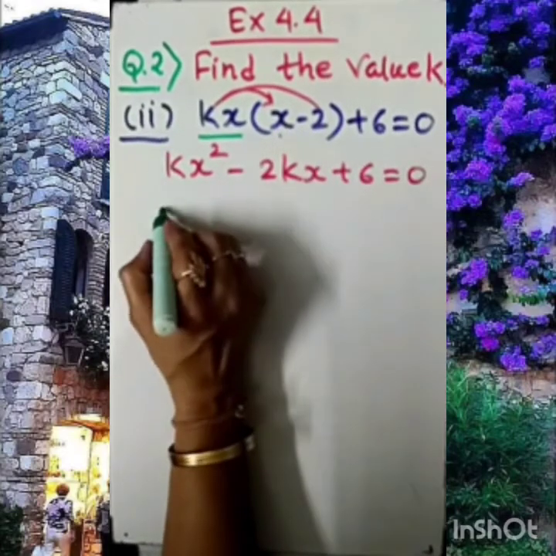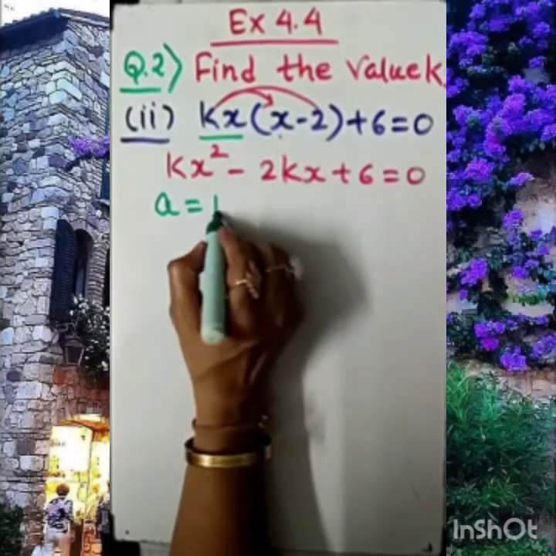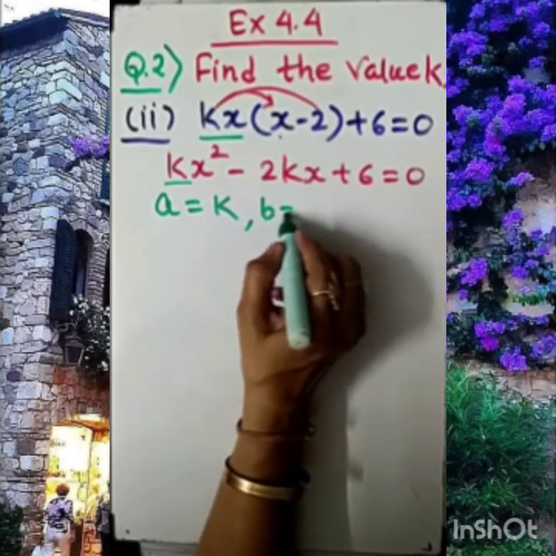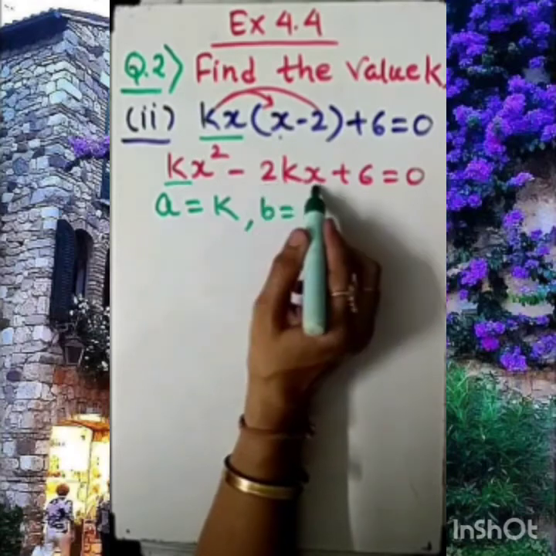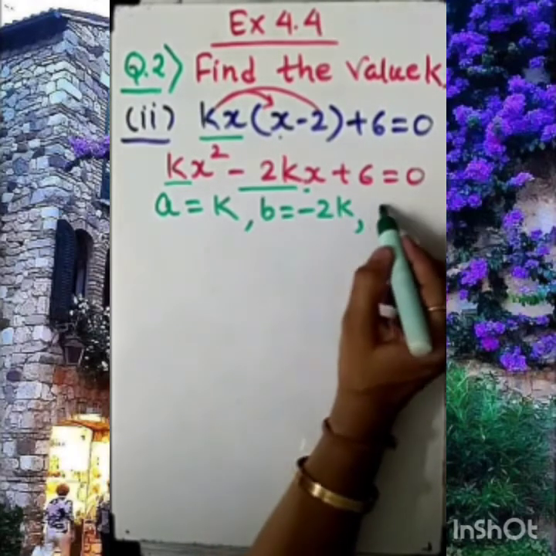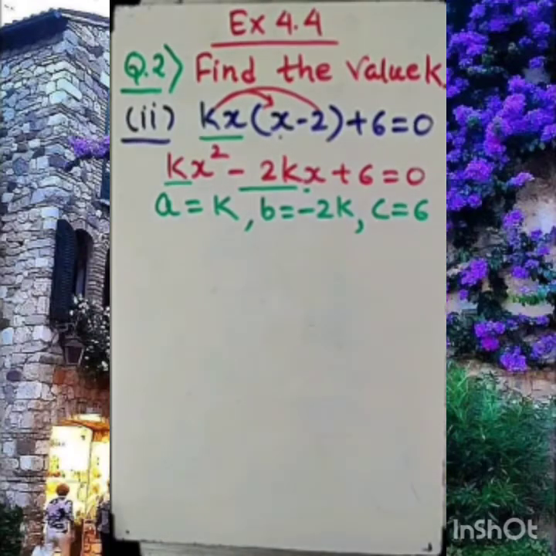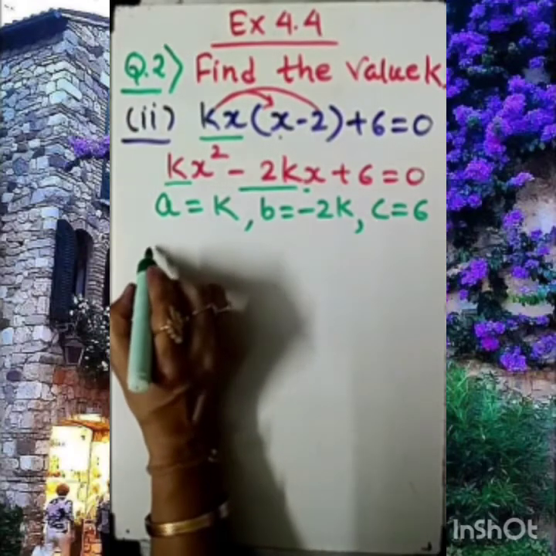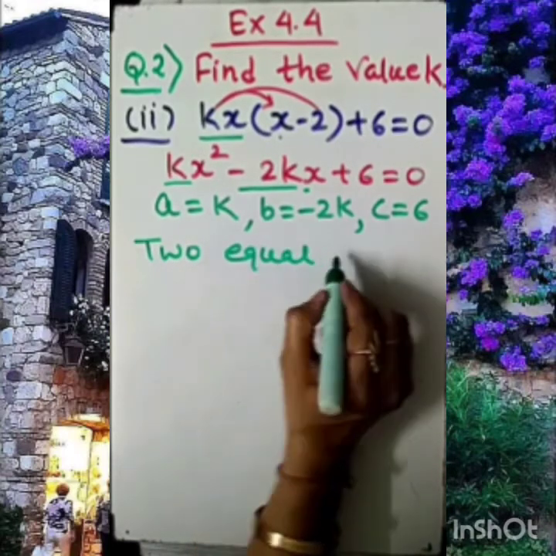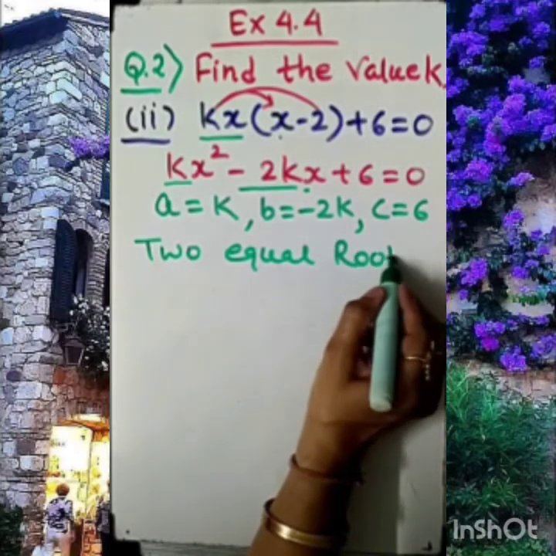Now let's note down what is A. A is the coefficient of x squared, that is k. What is B? B is the coefficient of x, that is minus 2k. And C is the constant term, that is 6. Okay. Now as we are given two equal roots, again let's mention two equal roots, a very important result.